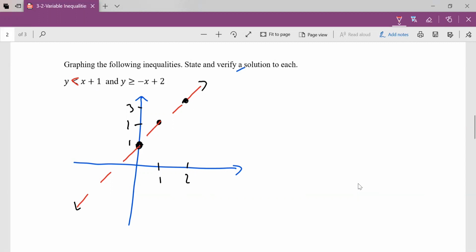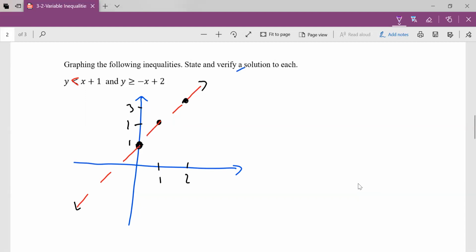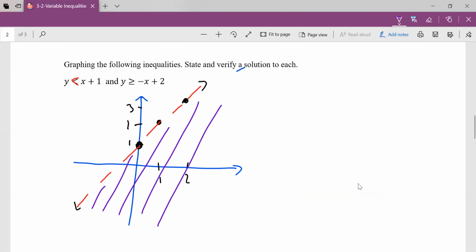Now, we want the y values that are less than that line. The y values that are less than that line are anything underneath it. So it's going to be this shaded region here. And that's why it says verify a solution, because there are tons and tons of solutions.